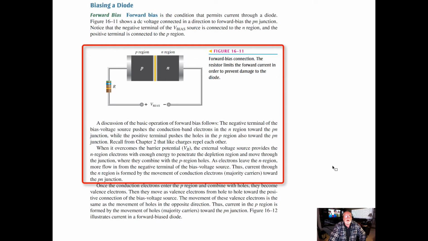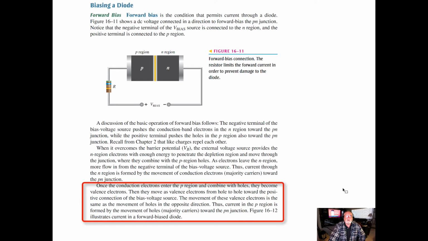When they combine with the P region holes, as the electrons leave the N region, more flow in from the negative terminal of the bias voltage source. Thus, current through the N region is formed by the movement of conduction electrons, the majority carriers, toward the p-n junction. Once the conduction electrons enter the P region and combine with holes, they become valence electrons.